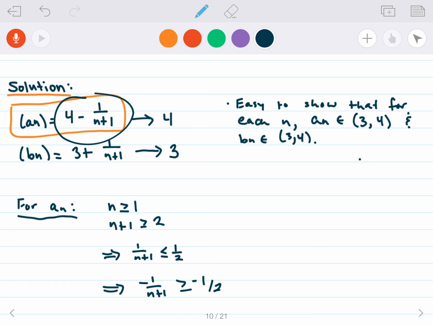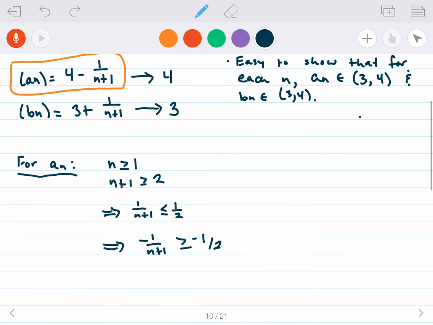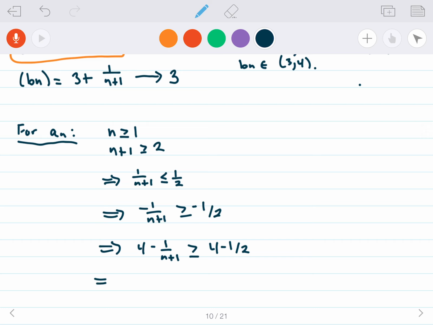And then I'm going to add 4 because I'm trying to make it look like that. So if I add 4 to both sides, 4 minus 1 over n plus 1 is bigger than or equal to 4 minus 1/2, which tells us that 4 minus 1 over n plus 1 is bigger than or equal to 3.5. And it's going to be less than 4.